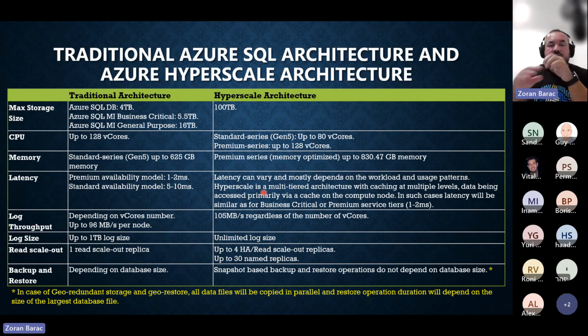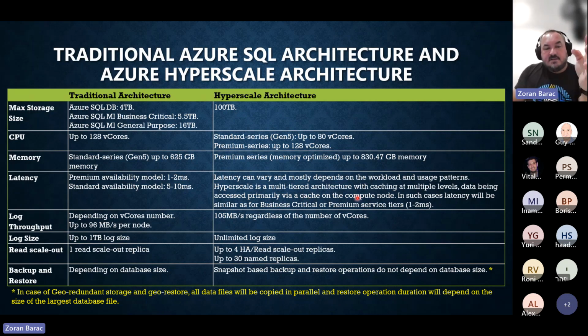Now, I'm going to show you 2 examples at the end of the session, with 2 different scenarios for the performance of hyperscale. That's the reason why I'm saying the latency can vary, and that's exactly what it is. It depends on your usage pattern, on your workload. You need to understand your workload and say, okay, this is the architecture for me, this is the deployment for me. So what you want to accomplish is getting your data from a cache. That's the first layer, your compute one.